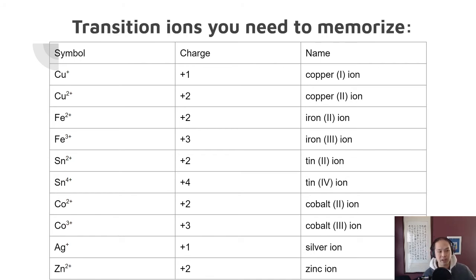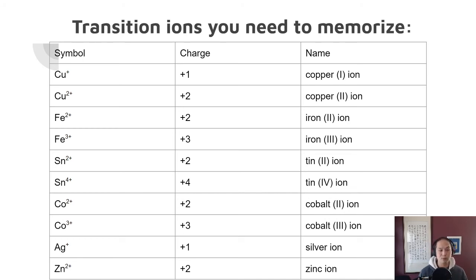That's because silver and zinc are the only two transition metals that only form one ion. Silver is always +1 and zinc is always +2. If you write out the electron configuration, you might be able to figure out why that's the case. You don't need to know why, but it's the case.